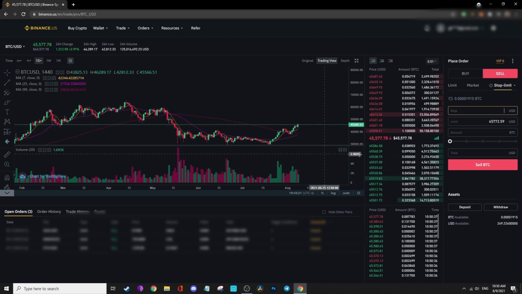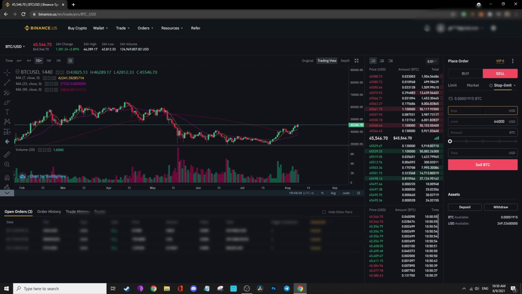So what you're going to do here is you're going to type in the price that you are willing to sell it at to cut your losses short. So if we're looking at 45,500 right now, let's say you want to sell it at like 44,000 maybe. So you can type in 44,000 because that's the amount of risk that you want to take.